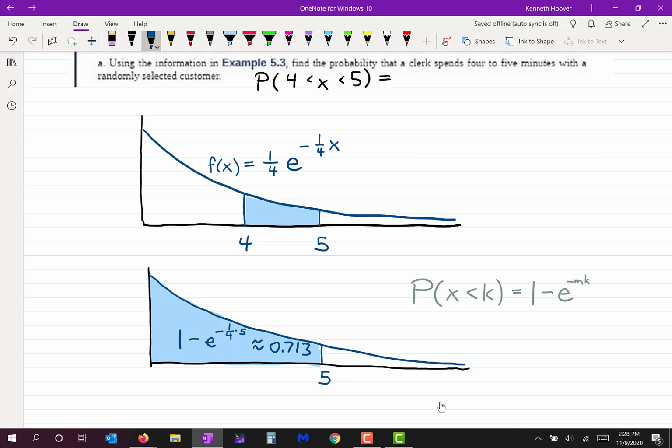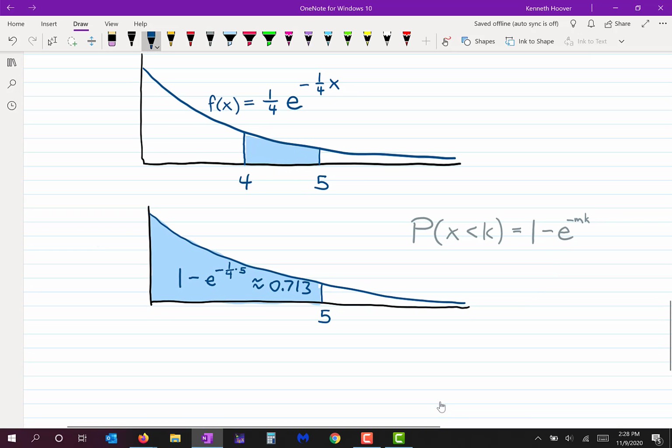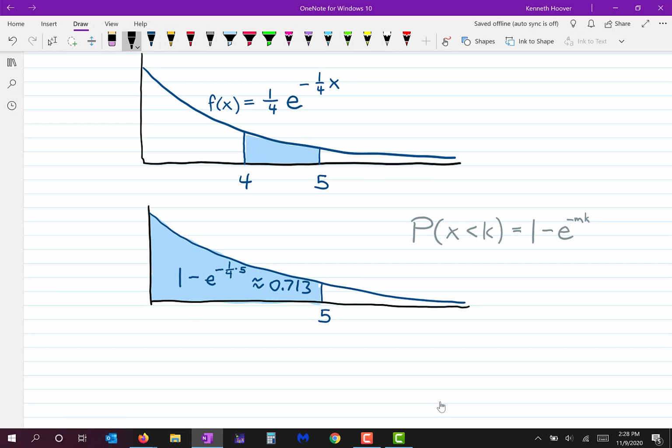Okay, now let's find the area under the graph between 0 and 4.